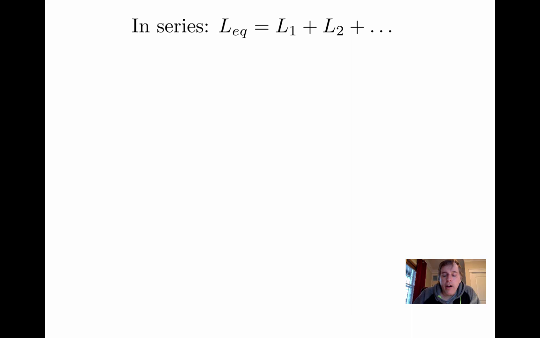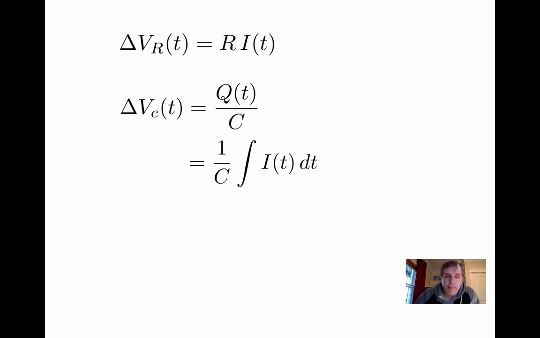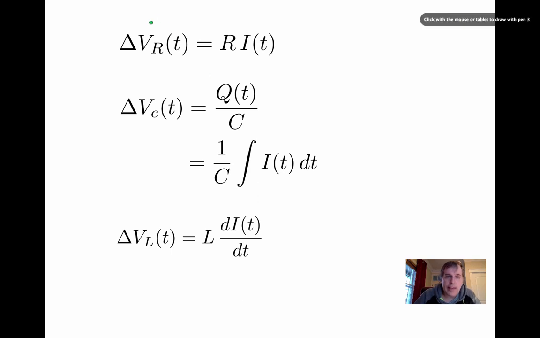Now, if you look at these equations again, notice that the voltage across the resistor is proportional to the current, and the voltage across an inductor is proportional to L times the derivative of the current. And for the capacitor, the voltage across the capacitor is proportional to 1 over the capacitance times the integral of the current. So this is why when we add resistors in series, the rule is you add them up, right?